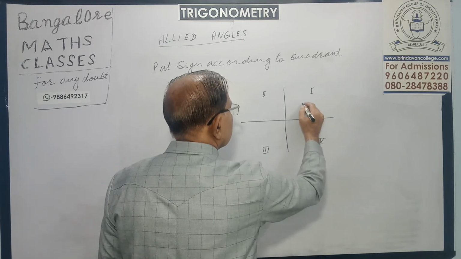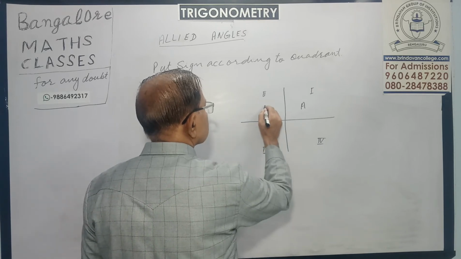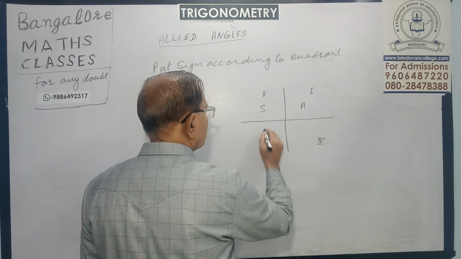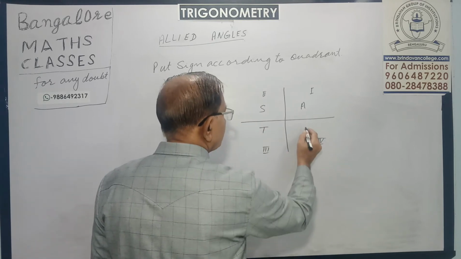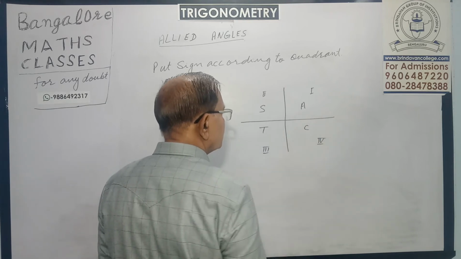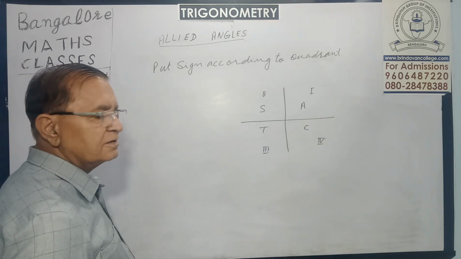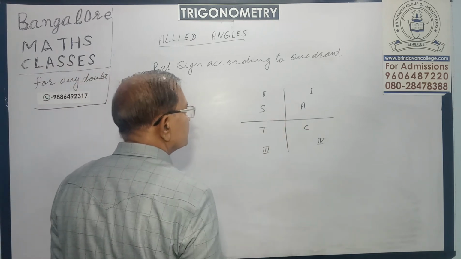In the first quadrant, all positive. Second quadrant, sine and its reciprocal cosecant positive. Third quadrant, tan and its reciprocal cot positive. Fourth, cos and its reciprocal secant positive. Others are negative. So you can learn ASTC.